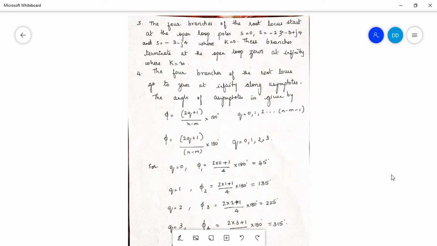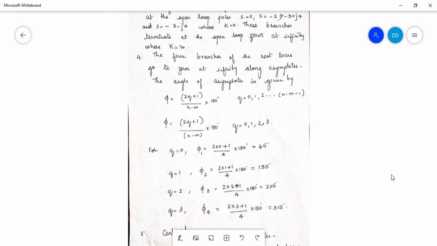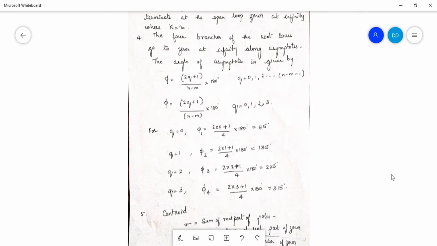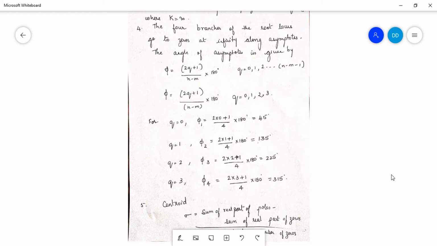Since our n is 4 and m is 0, 4 minus 0 is 4, and 4 minus 1 is 3. So q takes the values 0, 1, 2 and 3. Substituting q equal to 0, we get 45 degrees. If q is 1, we get 135. If q is 2, we get 225. And if q is 3, we get 315 degrees.